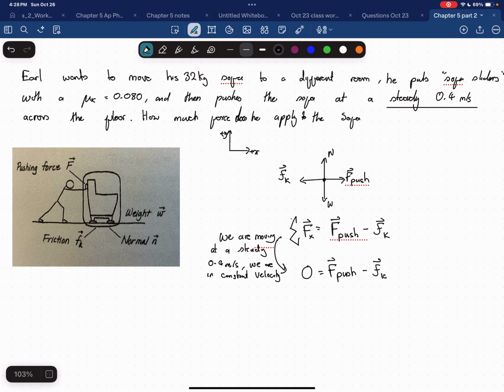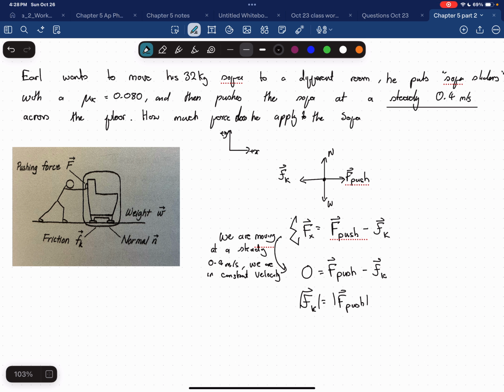Let me move our kinetic friction across the equal sign. So now I see my kinetic friction is equal to F push.